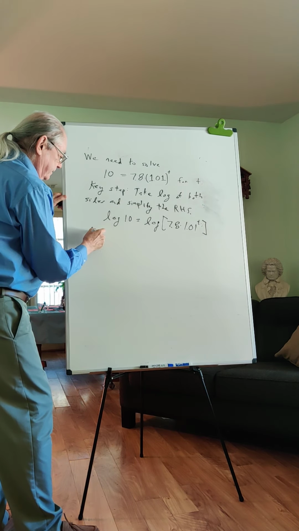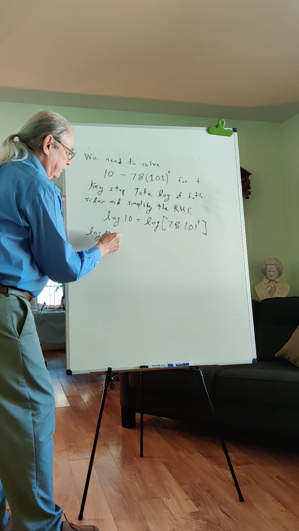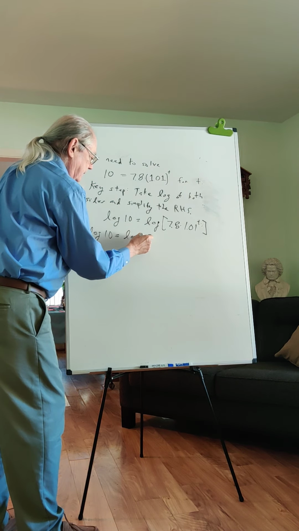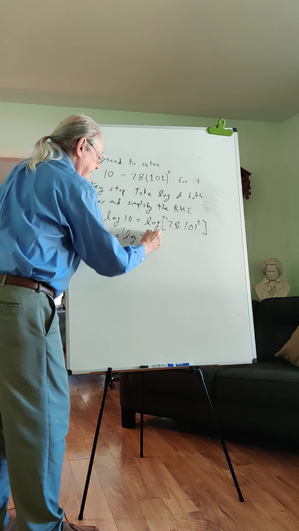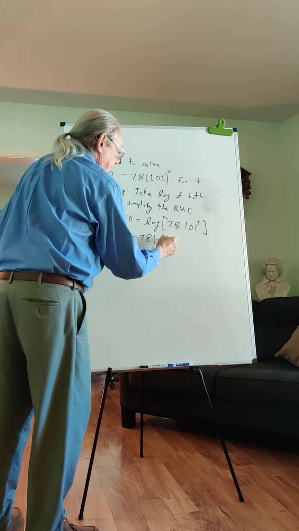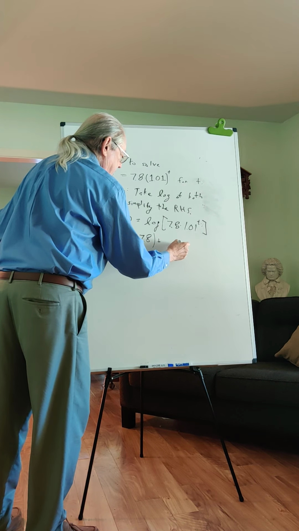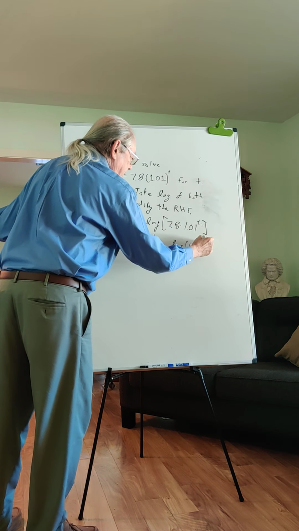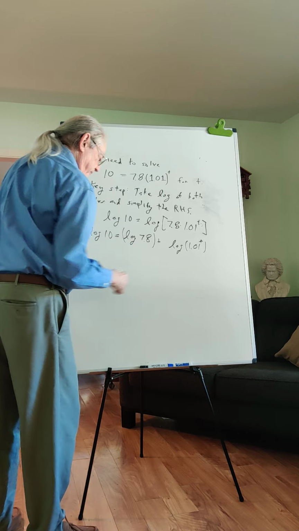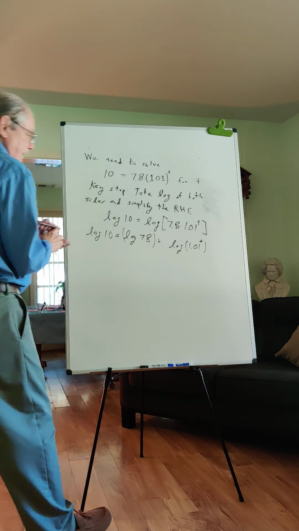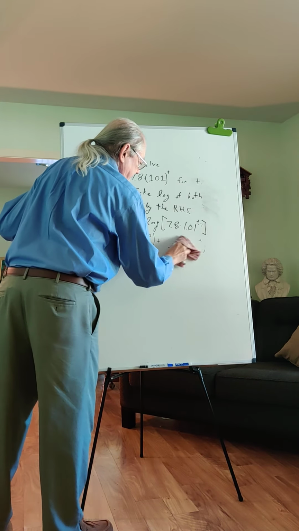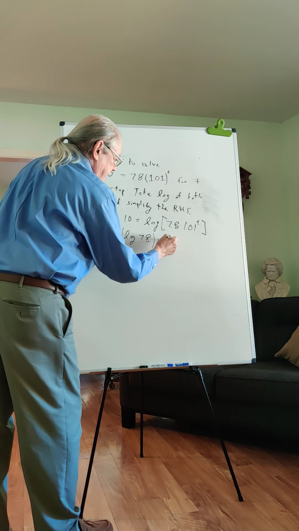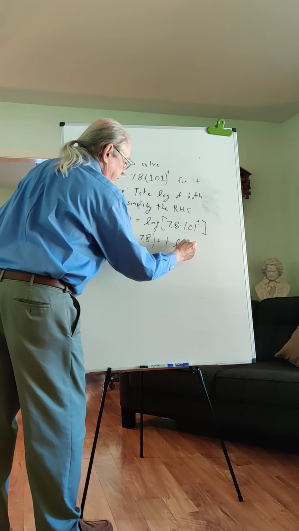So the log of 10 equals the log of 7.8 plus the log of 1.01 to the t. And another property tells us that this t can come out in front: t log 1.01.